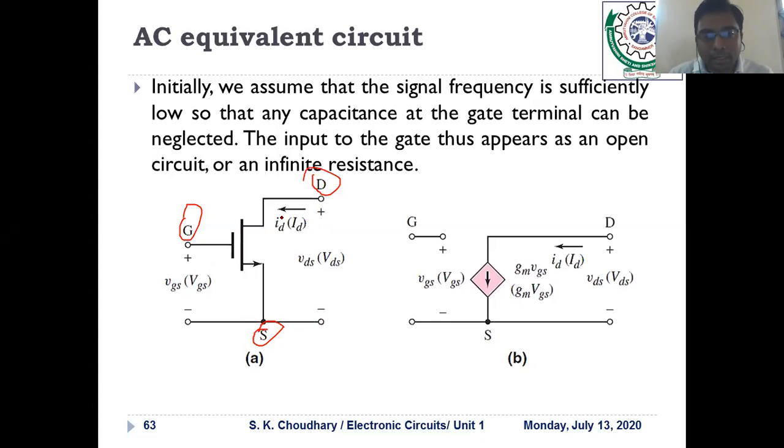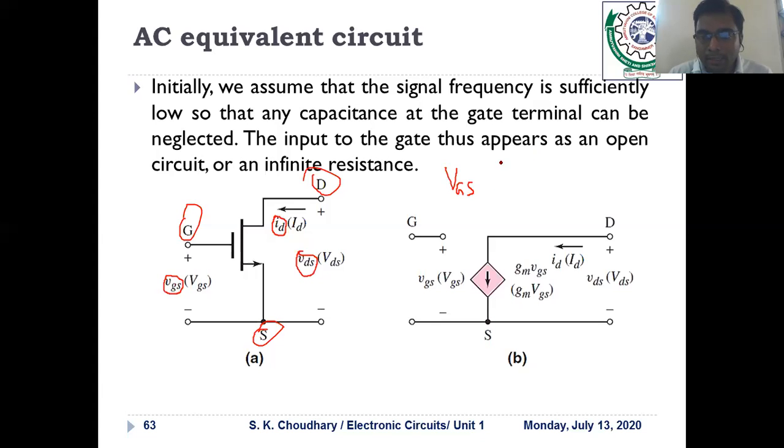The current small i and small d indicates the AC current. Small v and small gs means that it is an AC voltage. Remember this: when both are small, that is AC. If you write capital V, capital G and capital S, this is called DC.